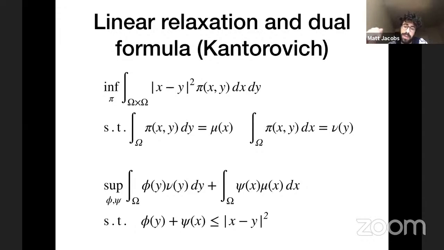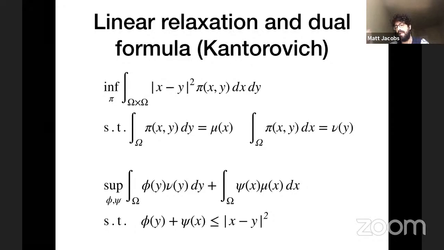And now the sort of n squaredness of linear programming is just instead encoded in the constraint. So you're saying that phi plus psi has to be bounded by this cost. And the key is that you can really eliminate variables when you think about this dual formulation of the problem.